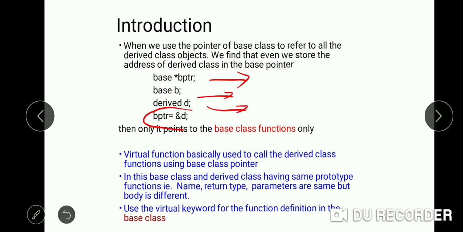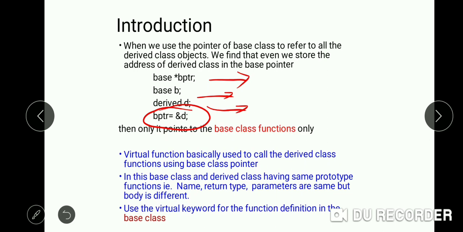If we store the derived class address inside the base class pointer, then it only calls the base class functions, not the derived class functions. So to do this we have to use the virtual function concept. Virtual function is basically used to call the derived class function using the base class pointer.